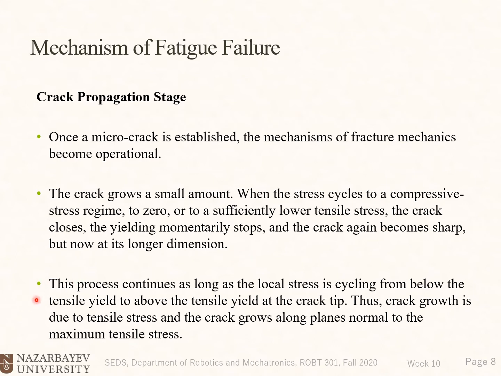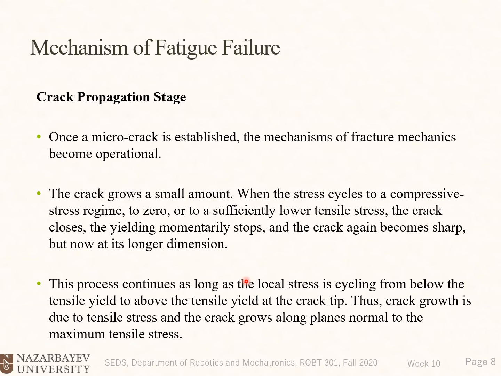This process continues as long as the local stress is cycling from below tensile yield to above the tensile yield at the crack tip. Thus, crack growth is due to tensile stress, and the crack grows along planes normal to maximum tensile stress. Okay, so when we are in the compressive, a crack closes, edges become sharper, stress concentration factor increases.